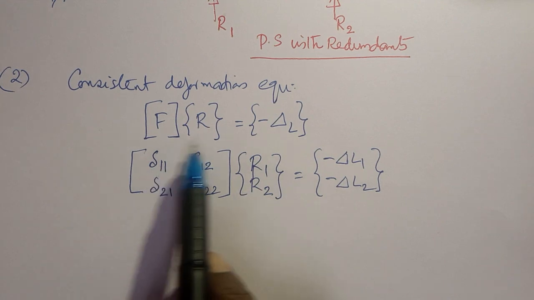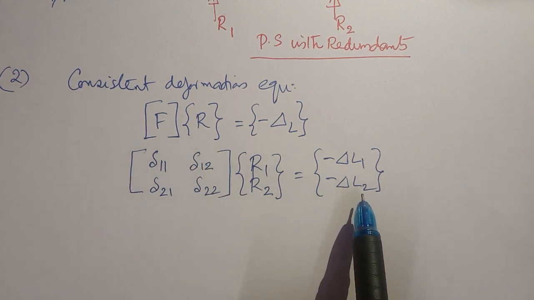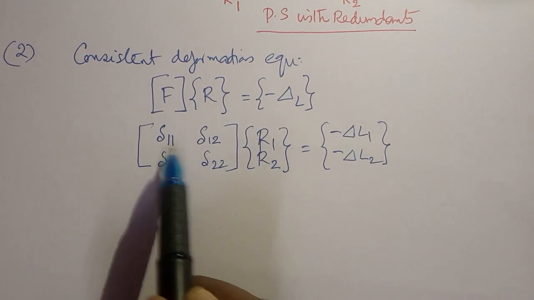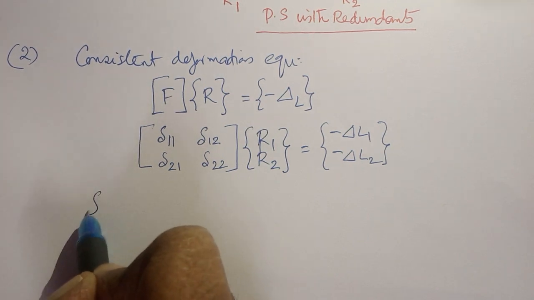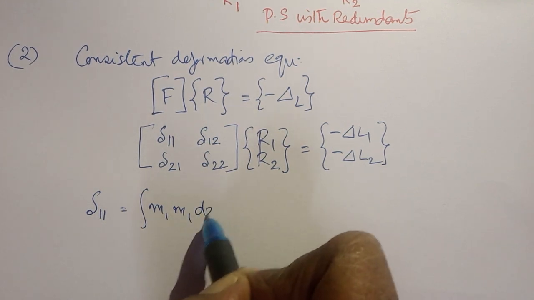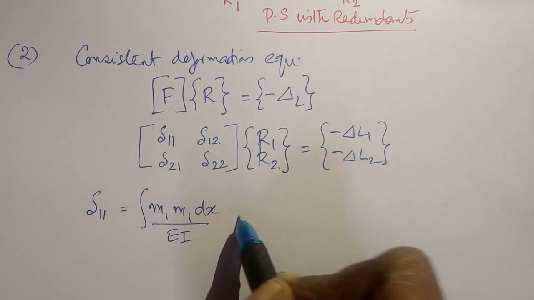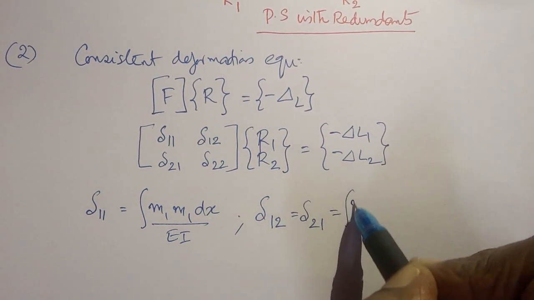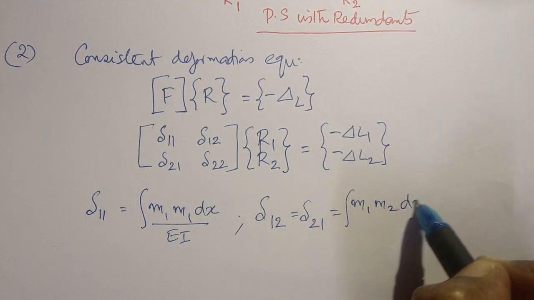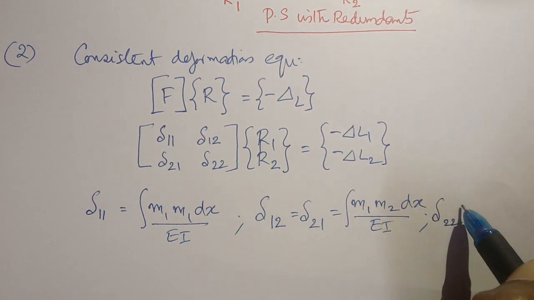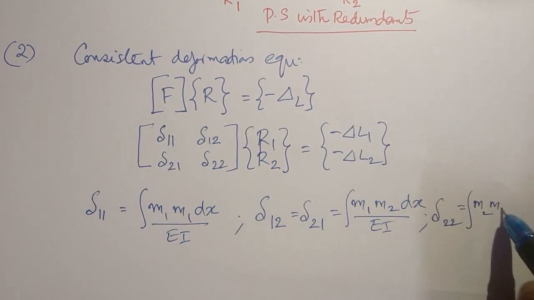Our aim is to evaluate this flexibility matrix as well as the right hand side vector so that we can solve for the redundants. For that, we know delta 11 is integral m1 m1 dx by EI. Delta 12 is the same as delta 21, integral m1 m2 dx by EI, and delta 22 is integral m2 m2 dx by EI.